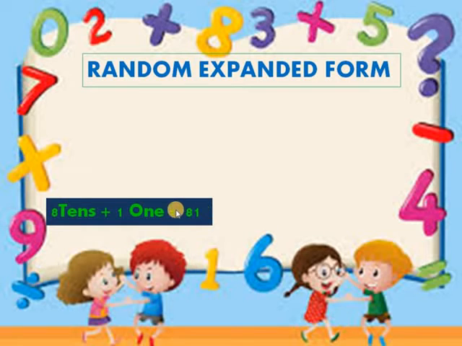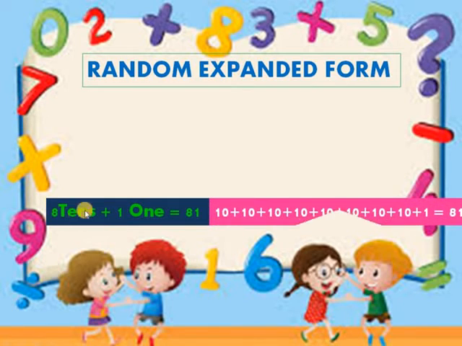Why have we written this 10 plus 10 plus 10 plus 10? We have written this because in 4 tens, 4 times 10 comes. 1 ten, 2 tens, 3 tens, 4 tens.